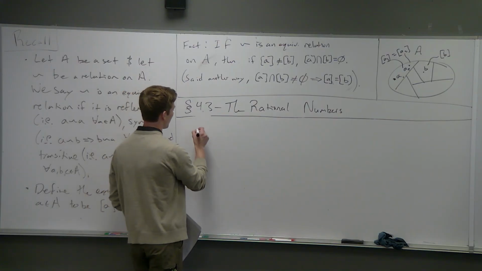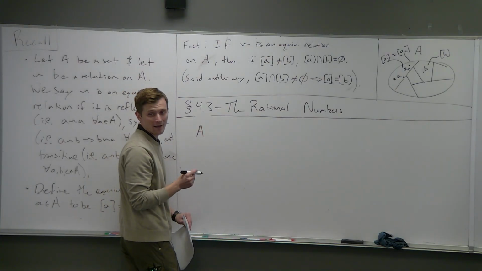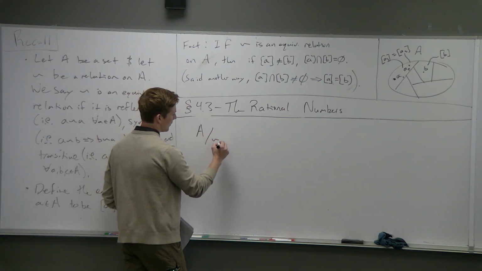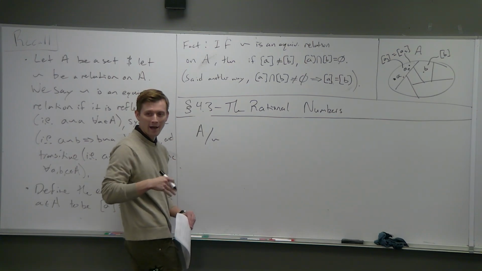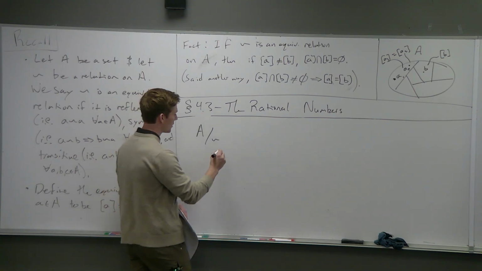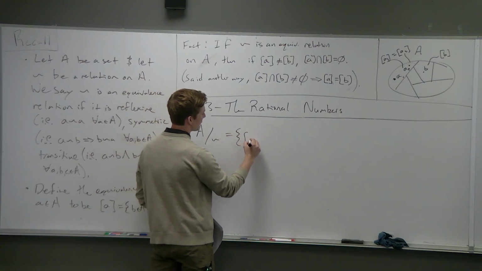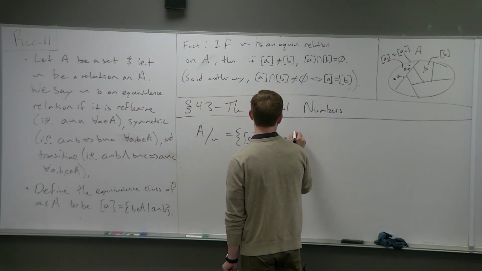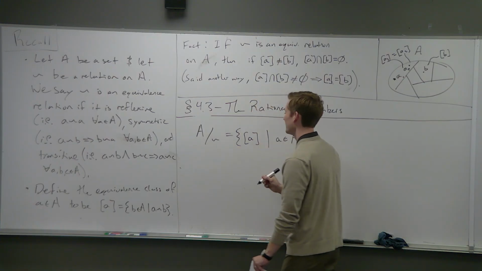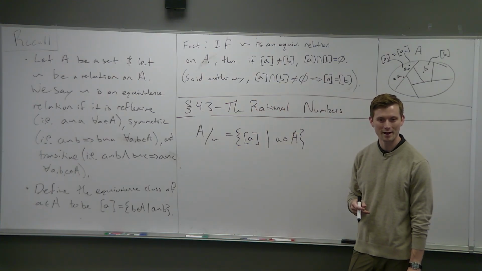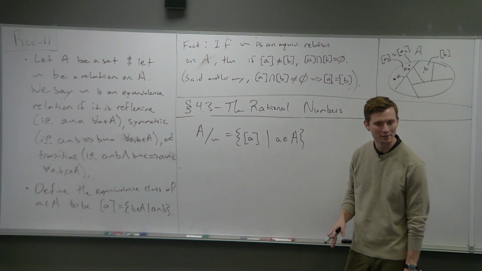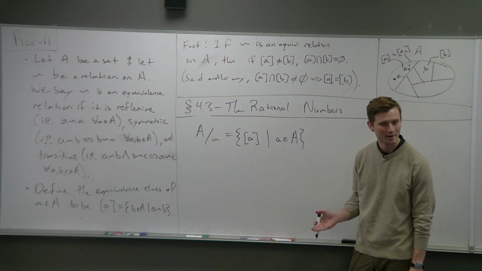That is, if you have a set A and an equivalence relation on it, you can make a new set where you can mod out, divide out by the equivalence relation, and make it equal to the set of equivalence classes for all the elements. If two things have the same equivalence class, it only shows up once here, since the equivalence class is the same, and sets don't have repeats, right?